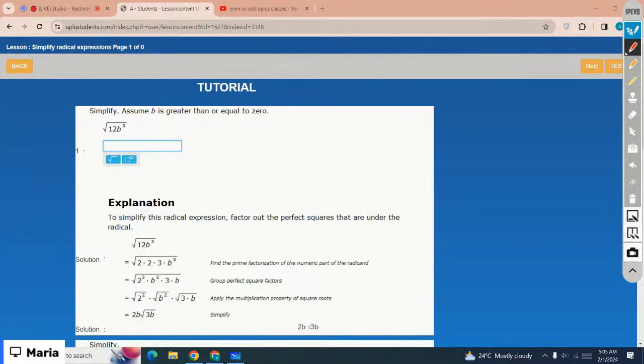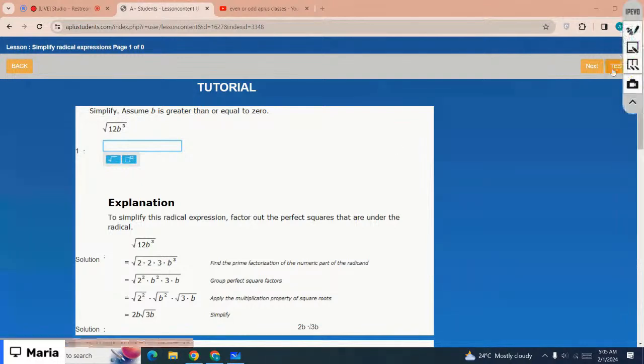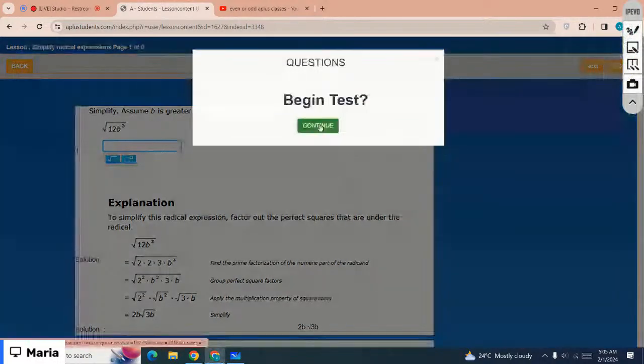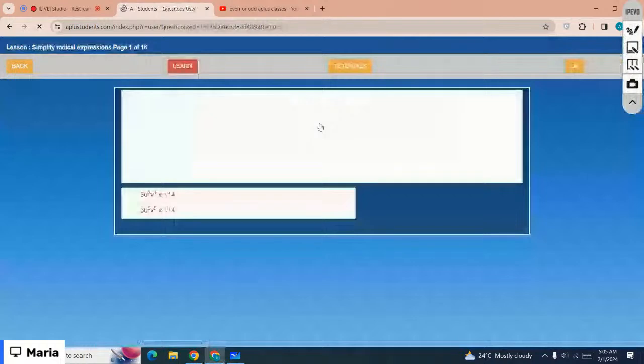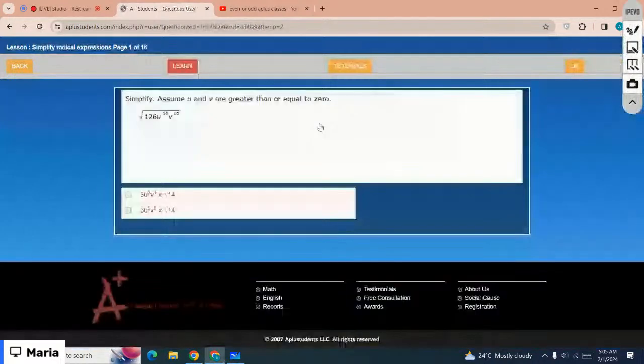Let's just start with the test questions. Okay, simplify. Assume u and v are greater than or equal to 0, right?